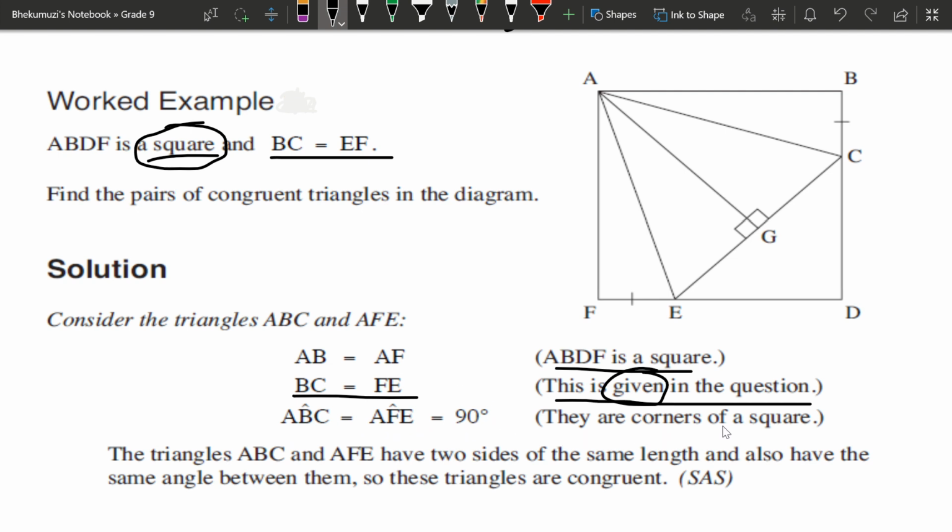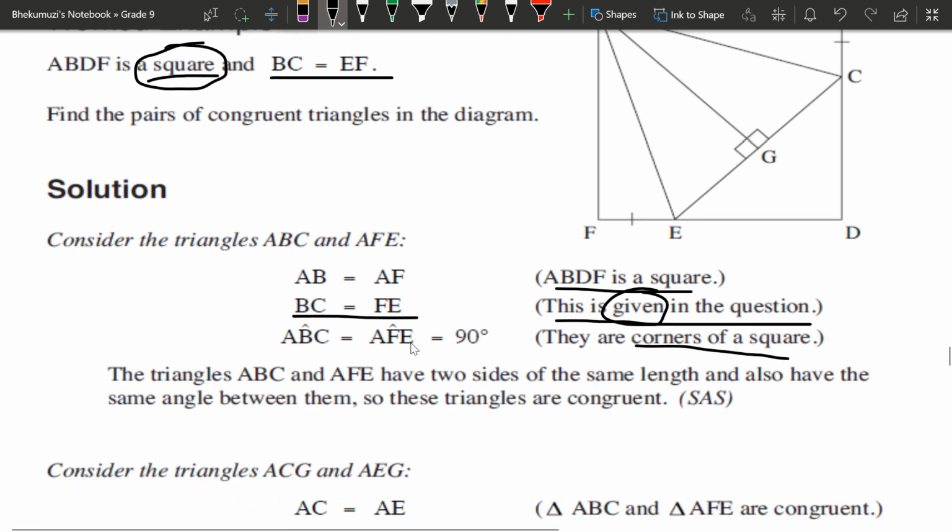They are corners of a square, and corners of a square have 90 degrees, and therefore these triangles ABC and AFE have two sides of the same length and also have the same angle between them. So these triangles are side, angle, side. So basically side, angle, side would be your reason in this case, right?